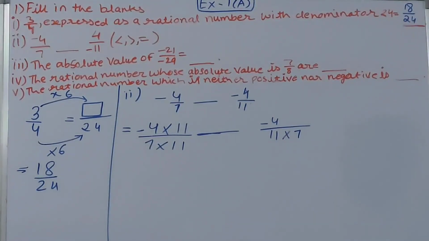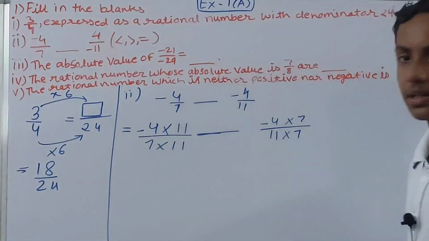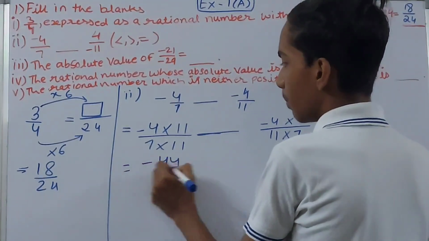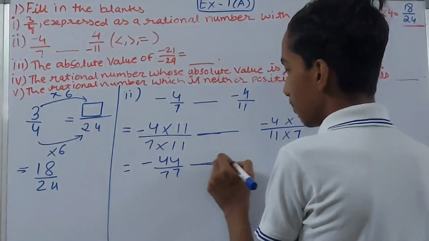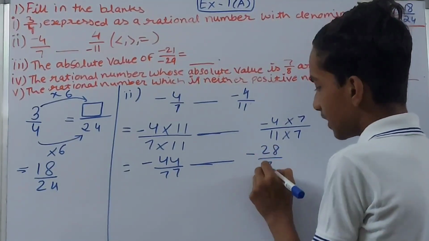Same thing for minus 4 also, minus 4 into 7, so we get minus 44 upon 77 blank, and then minus 28 upon 77.